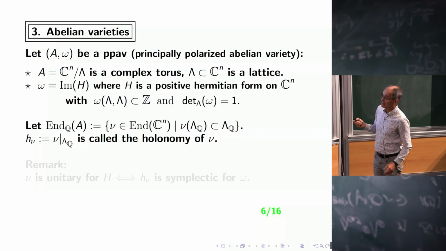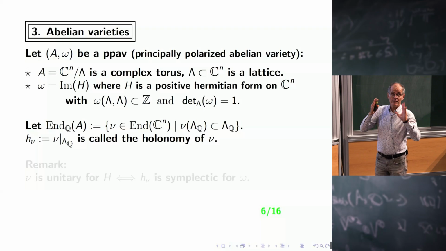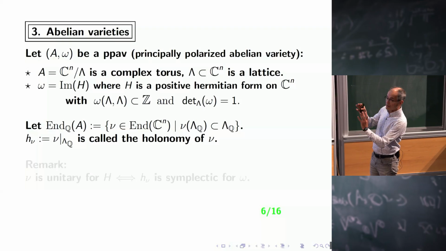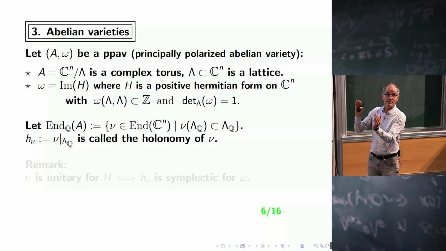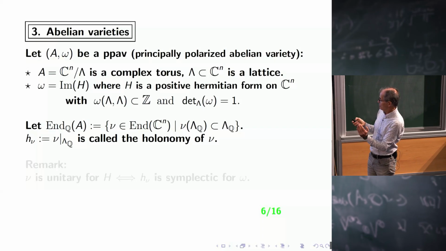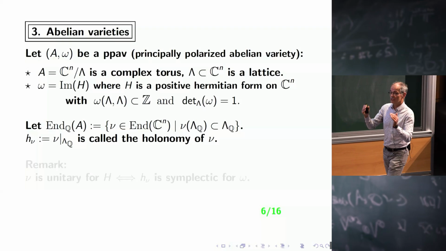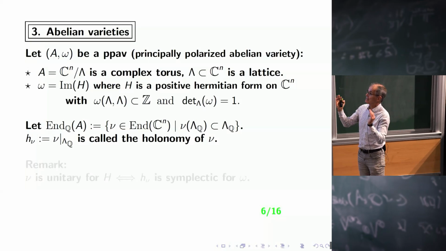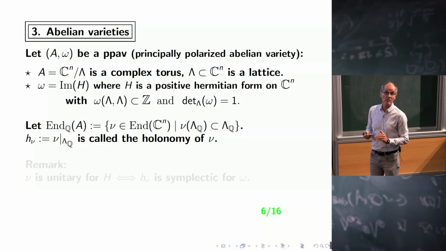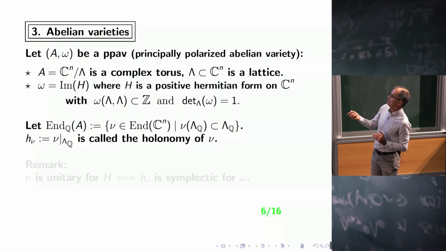Such a Q endomorphism has two aspects. You can either see it as a complex n cross n matrix, because it's an endomorphism of Cn, or you can see it as an endomorphism of this Q vector space, which has rank 2n. So it's also a 2n cross 2n matrix with rational coefficients. For these 2n cross 2n matrices, I give the notation h nu, and I call it the holonomy.